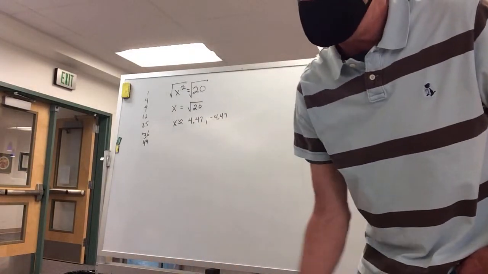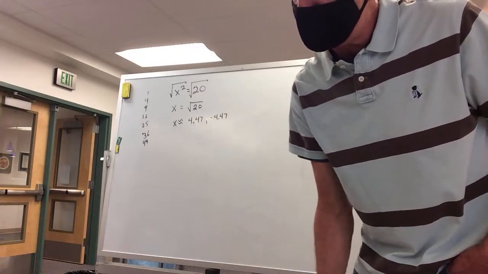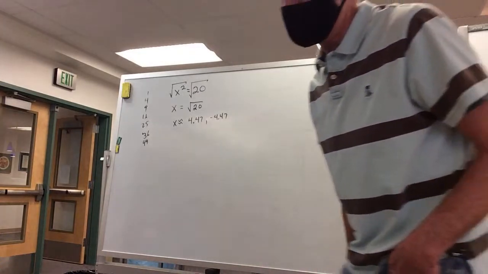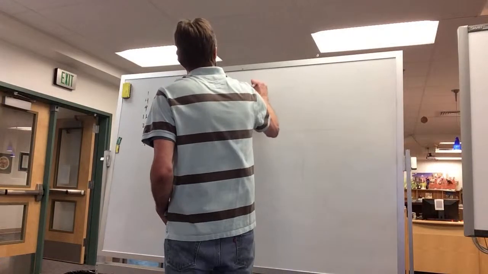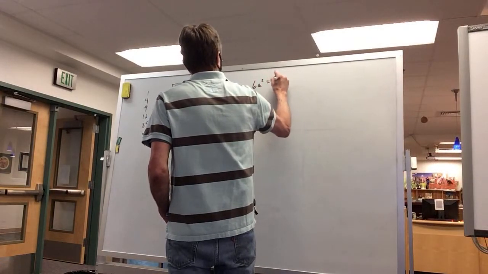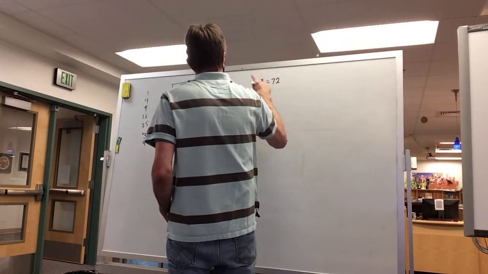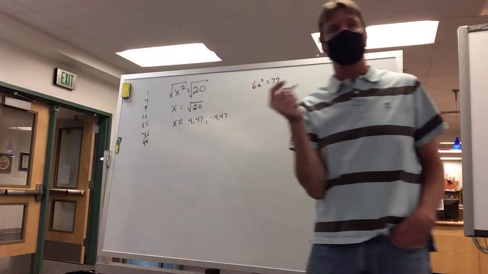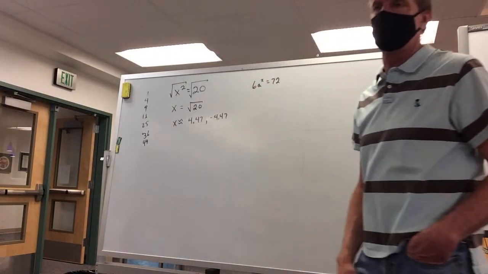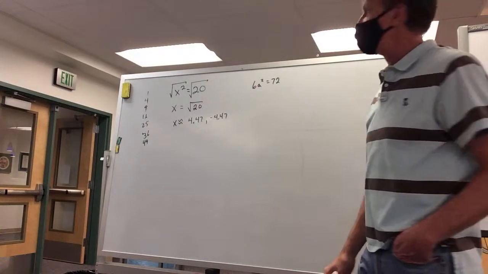So then number 6 was 6a squared equals 72. And I see you guys have the answers, but how you get to them is what I need. I need that as well.